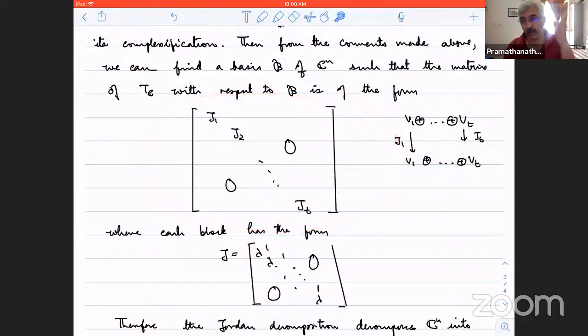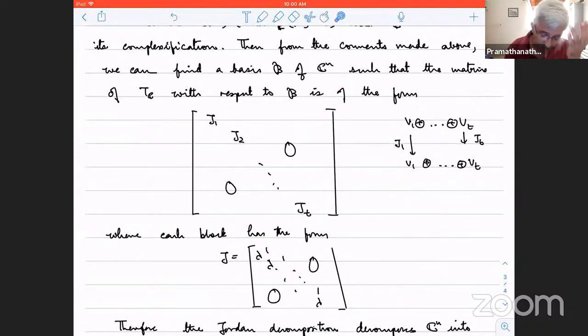You will get a column which has zeros. Let's say the size is N1.